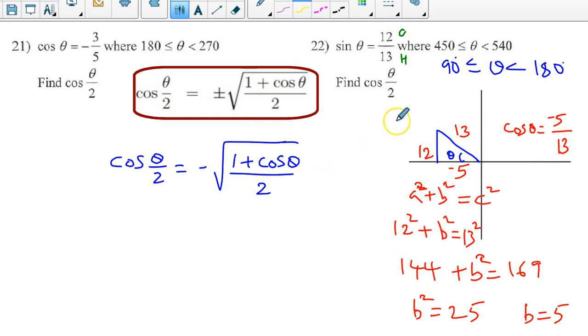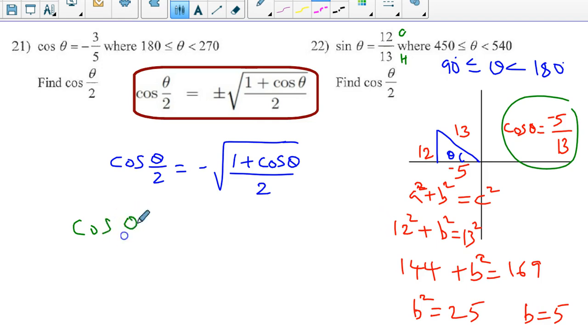So please have a clear understanding of how to identify this angle, where it lies, and in which quadrant angle theta over 2 lies. Please check it out. Okay, let us substitute this cosine theta value into the formula.